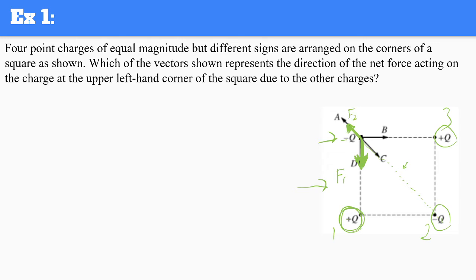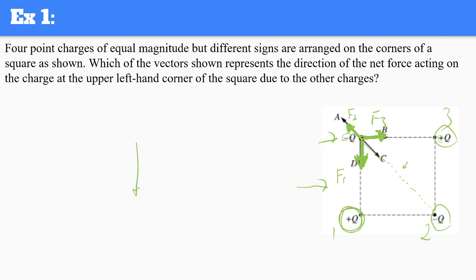And the next one is negative Q and positive Q. Again, what's going to happen? They are going to create an attractive force. So this is also going to be going towards the third charge. So we have those three forces.